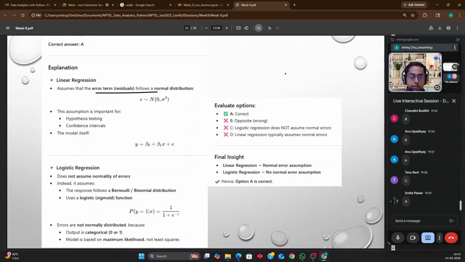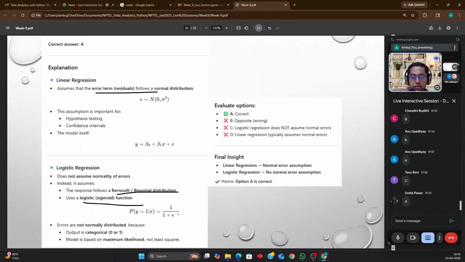The model itself is y equal to beta 0 plus beta 1 x plus e. In case of logistic regression, it will not assume normality of errors. It assumes that the response follows a Bernoulli or binomial distribution. It does not assume the normality of errors.